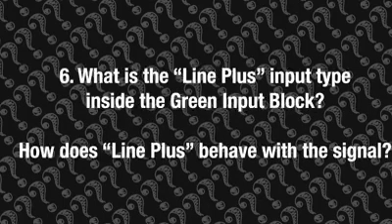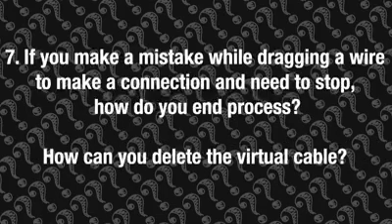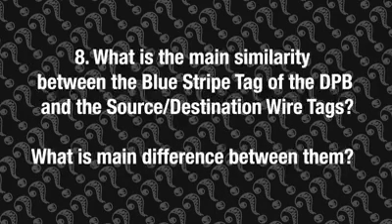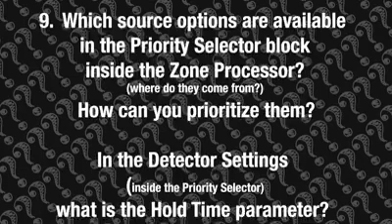What is the input type line plus and how does it behave? If you make a mistake while wiring your configuration, how can you delete the virtual cable? What does the blue stripe in the distributed program bus and the wire tags have in common? And what's the difference between them? Which source options are available in the priority selector inside a zone processor?